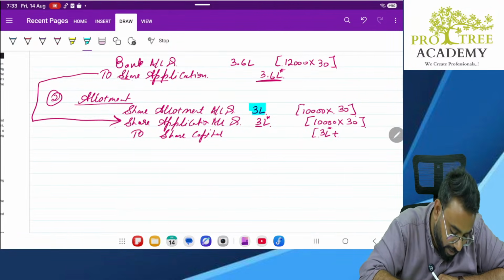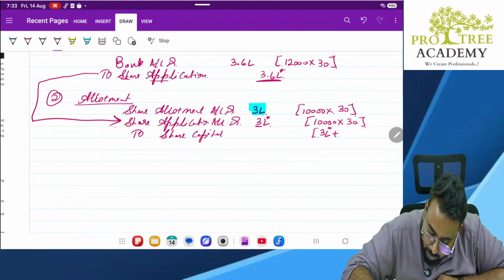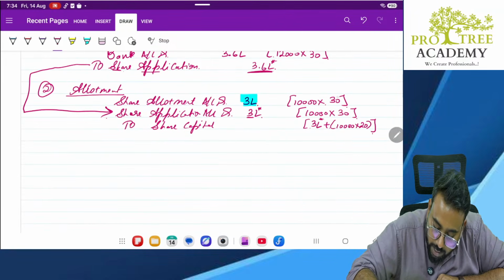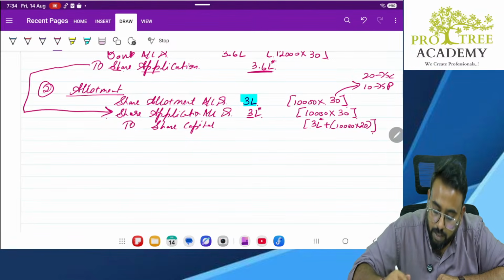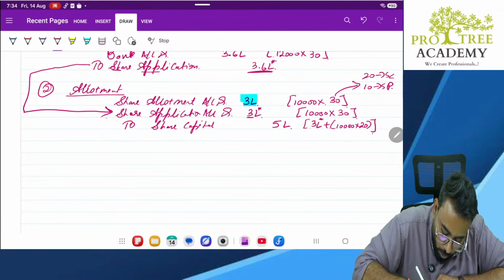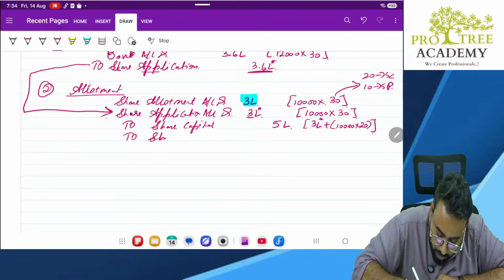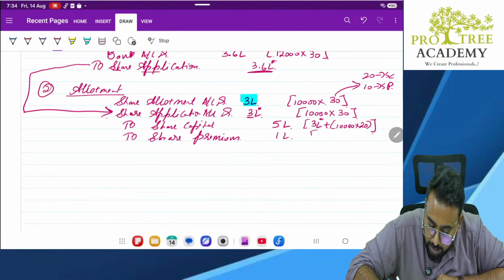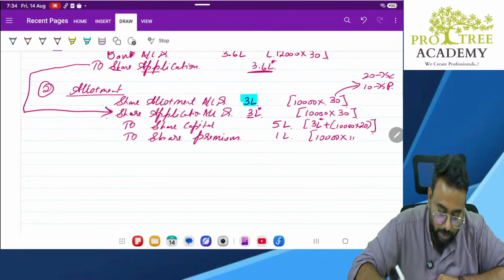How much is that? 10,000 into 20. Why 20? Out of this 30, 20 rupees is towards share capital, 10 rupees is towards share premium. So that will be 5 lakhs. To share premium, 1 lakh. 10,000 shares into 10 rupees is the premium.